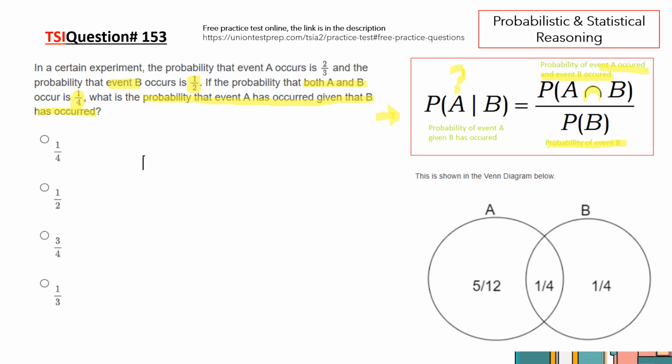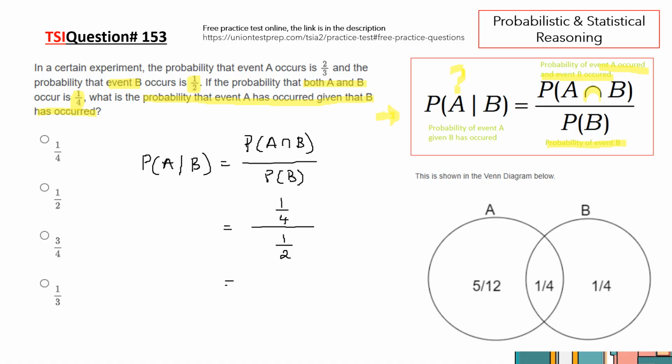We have the probability of event A given event B is the probability of A intersect B over the probability of B. Now the probability of B is 1/2, and the intersection between A and B is 1/4.